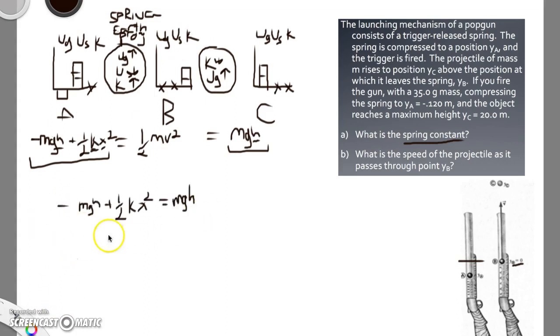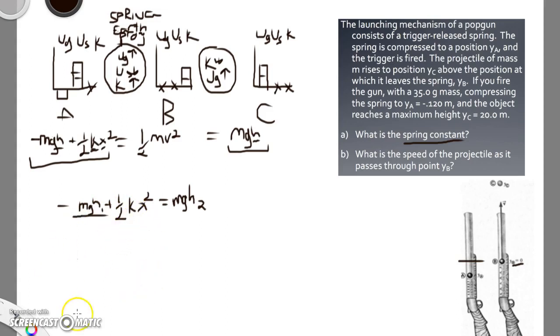So I've rewritten this equation so that I'm leaving out the middle piece because we're not using that right now to solve for the spring constant. We'll call this H1 and this H2. So in order to solve for K, the first step will be add this to the other side.